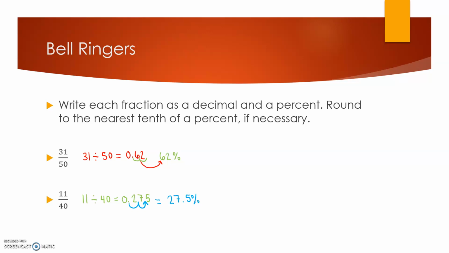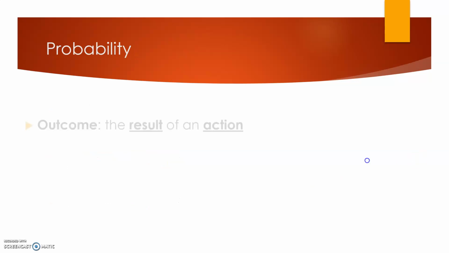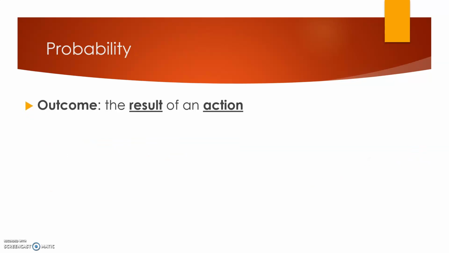So some key terms we need to know are outcome. The outcome is the result of an action, and this doesn't just apply to today's lesson. Outcome could be what happens when you study for a test, the outcome of that. What happens when you kick a soccer ball?